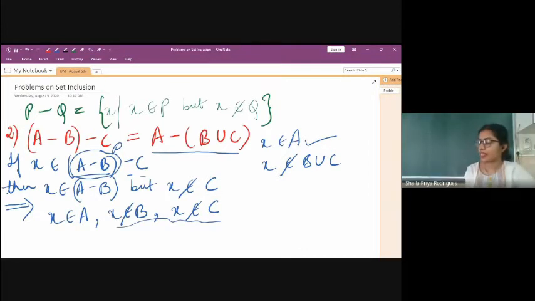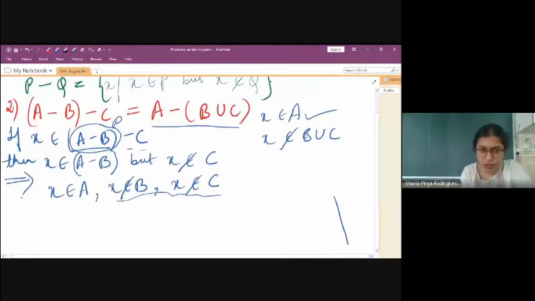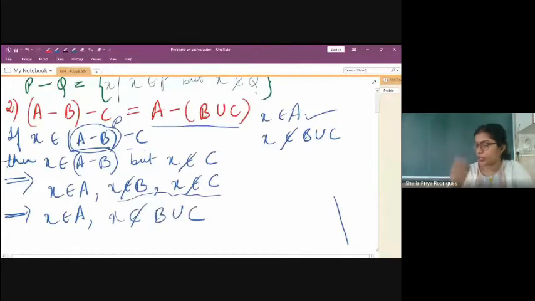Can we directly say that x does not belong to B union C after that step? If yes, why? Yes, ma'am. Okay, x belonging to A as it is. After this, can we write x does not belong to B union C? Is it logically right to say that?